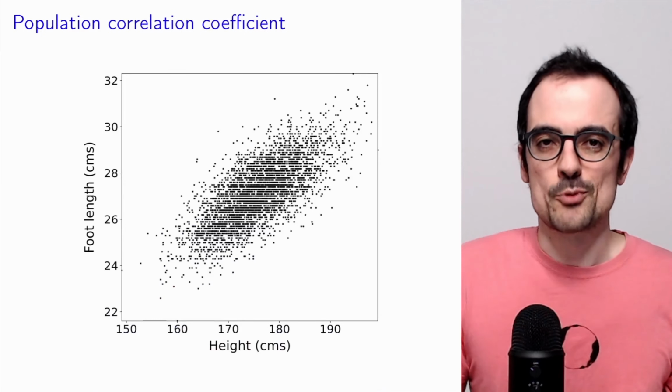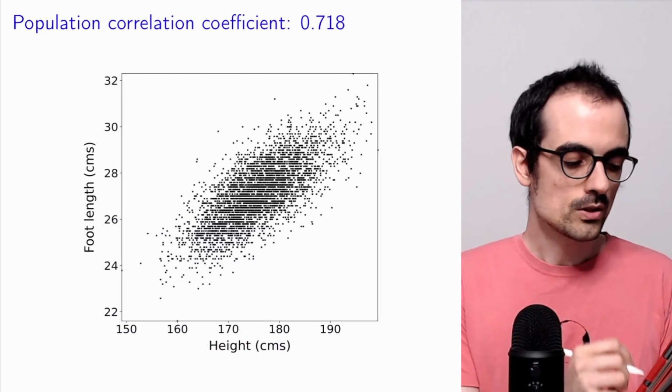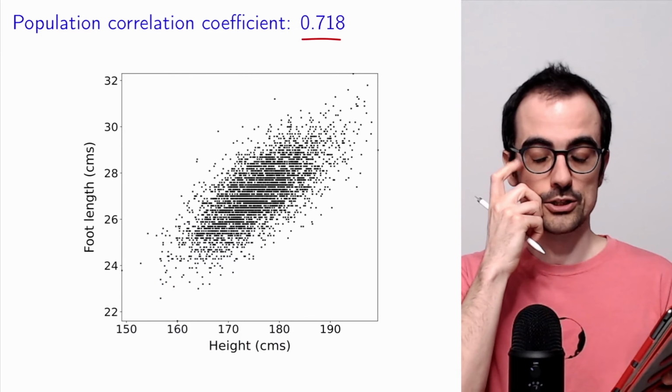We applied this in the previous video to the population correlation coefficient of this example, where the true population correlation coefficient is 0.718, and we only have 100 samples. This is the sample correlation coefficient of this specific 100 samples. Now the goal is to quantify the uncertainty about this just from those samples.